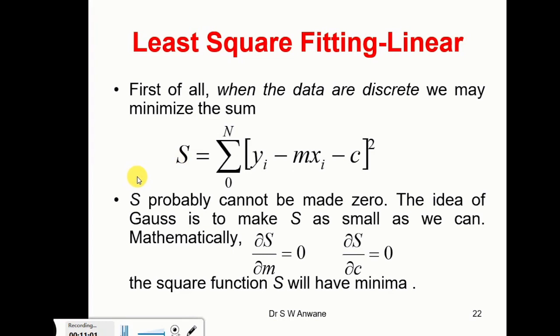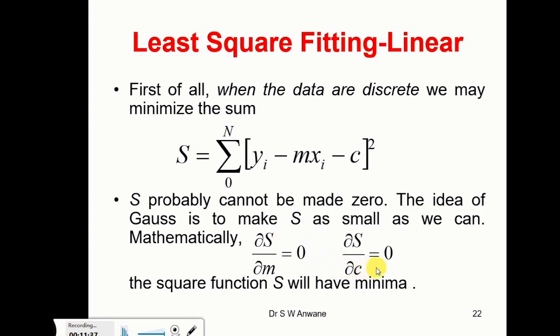And for the least square fitting, we want to minimize the errors. So S should be as small as possible. If there is no variation in S when finding the slope m, and no variation in S when finding c, obviously the S function will have a minimum for those conditions: del S by del m equal to 0 and del S by del c equal to 0.